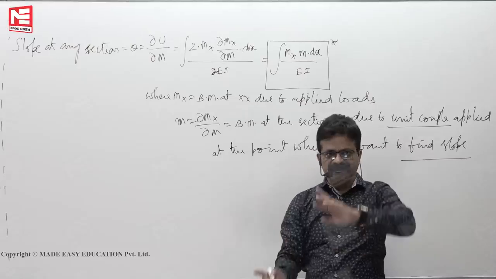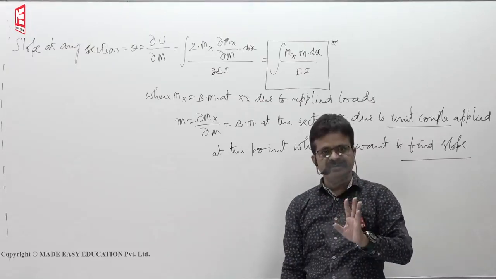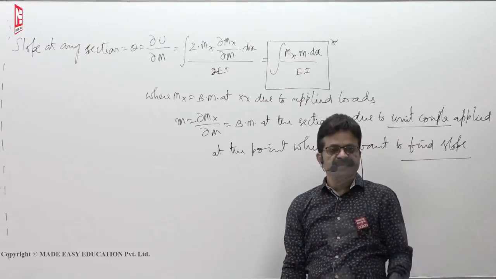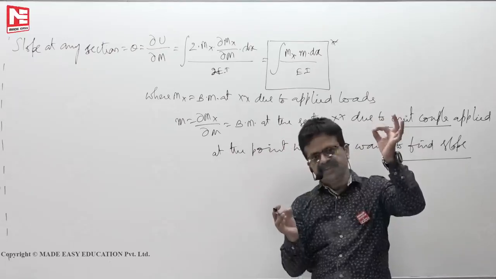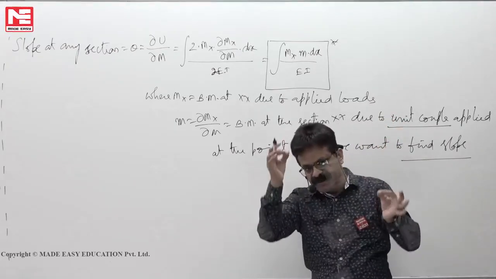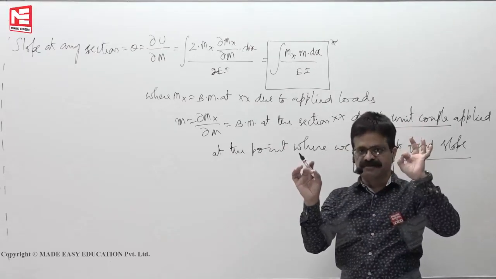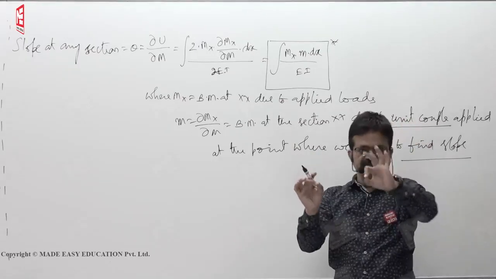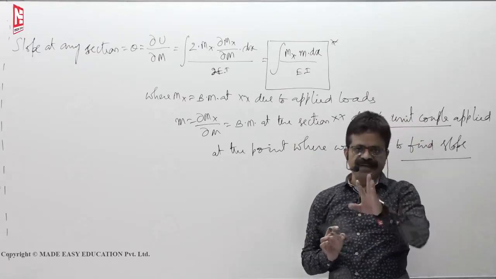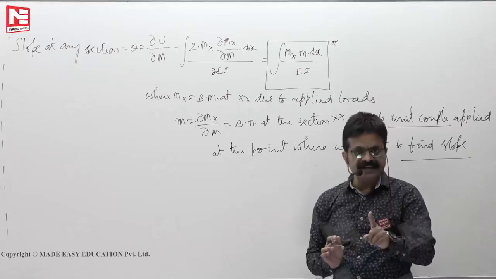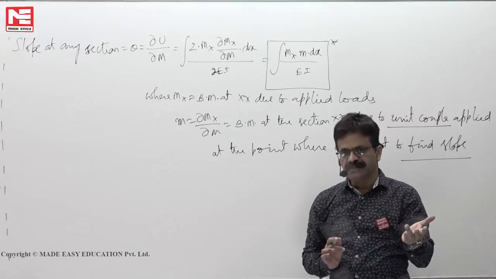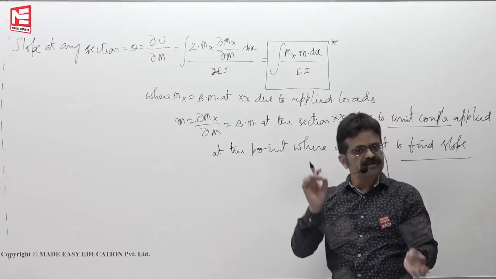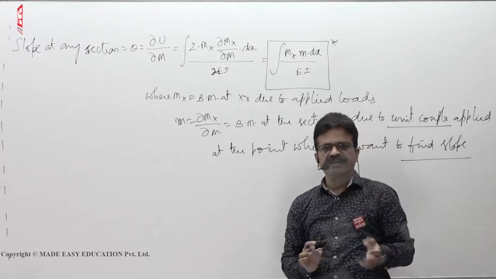Then find the K values because of two unit loads. But if you want to find rigid body rotation of any member, you must apply unit couple at the ends of the member, 1 by a, and find K values. So PKL by AE is same, but finding K values is due to single unit load, due to two loads, or due to a couple.